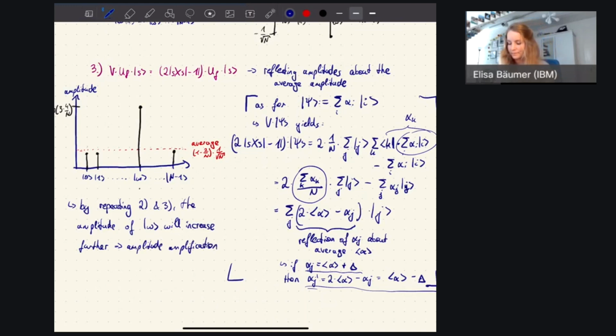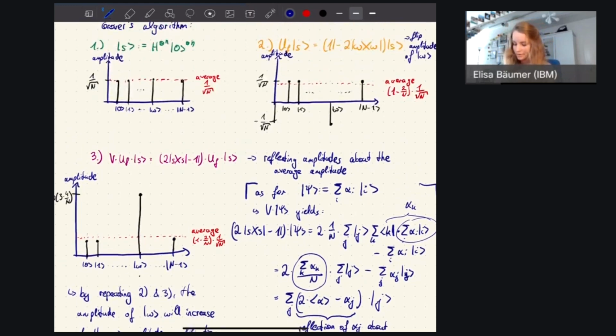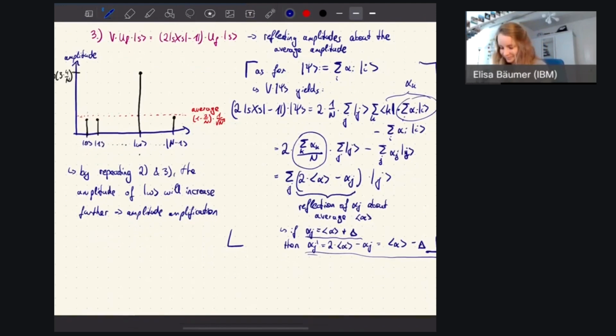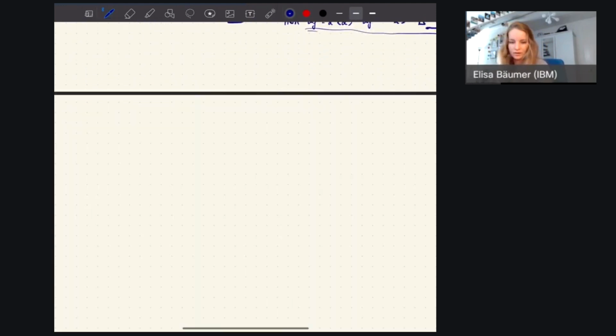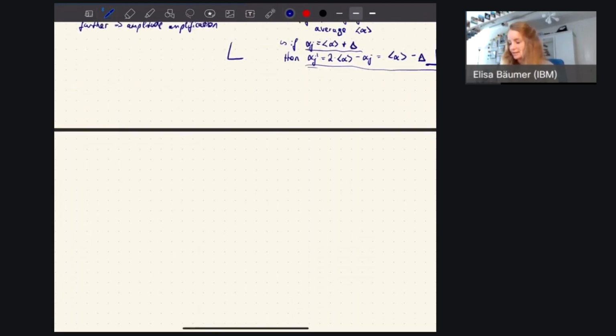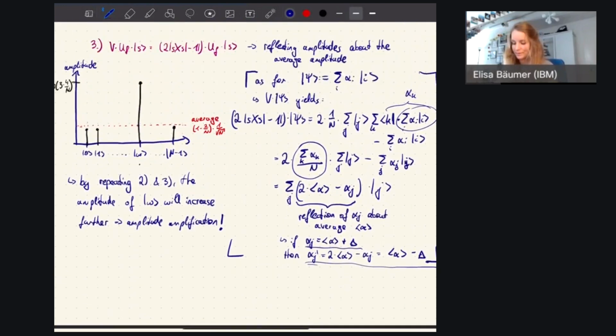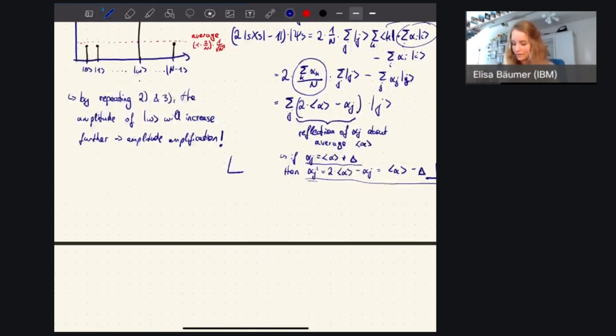So in the next step, we would again do step number 2. We would again flip w to be even further down. Then we would decrease the average even further. Then we would reflect around the average, and so on, until at some point the average is basically at 0, almost. Yeah, so this is another way of seeing how Grover's algorithm works with the R steps, and how it works by decreasing further and further.